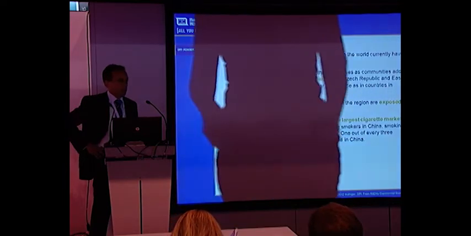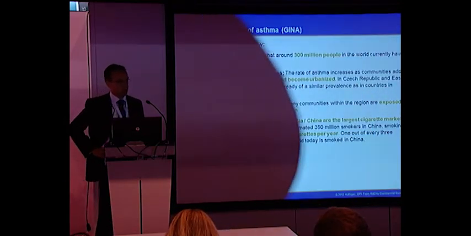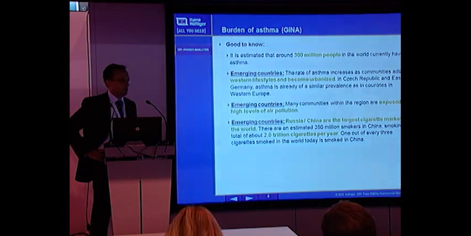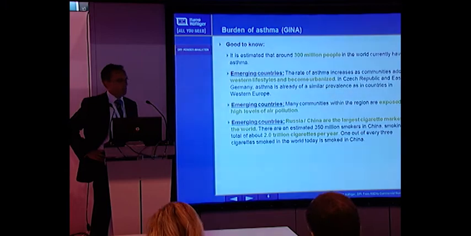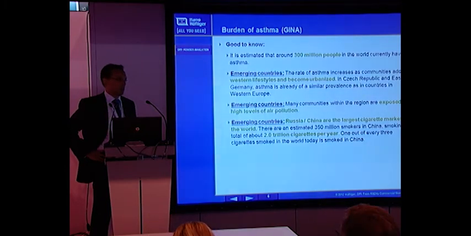Also, asthma is one of the fastest-growing diseases in the world currently. This is, first of all, related to emerging countries adapting to Western lifestyles, as well as still suffering from air pollution.